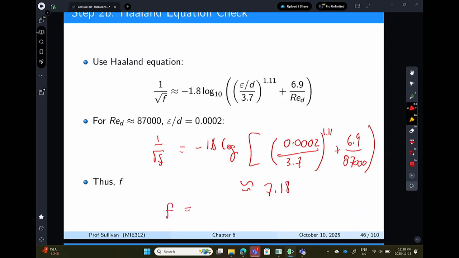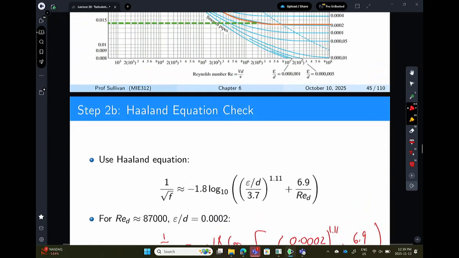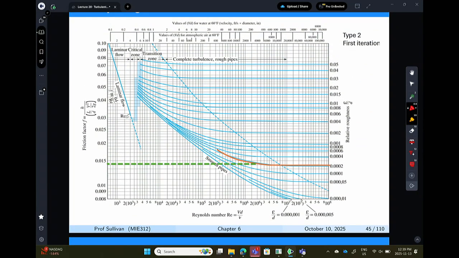So f is equal to 1 over 7.18 squared, which is 0.0194. Okay, so that is an interesting sort of shift. It moves me well to the left on this curve. So I'm moving up here somewhere, so I'm at 87,000, which is somewhere around here, and I'm getting somewhere around here.